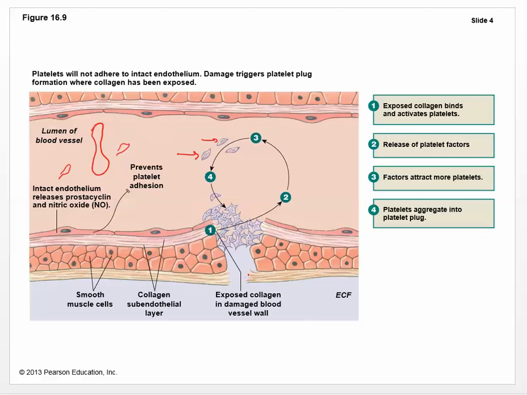So you have a cut or something damages the wall of the capillary or the vessel, and there's this layer of collagen that sits right there. As soon as this collagen is exposed, these guys are activated, and you can see that they're pretty smooth in this case, but then down here they take on this star-shaped appearance, and that's what we saw here.